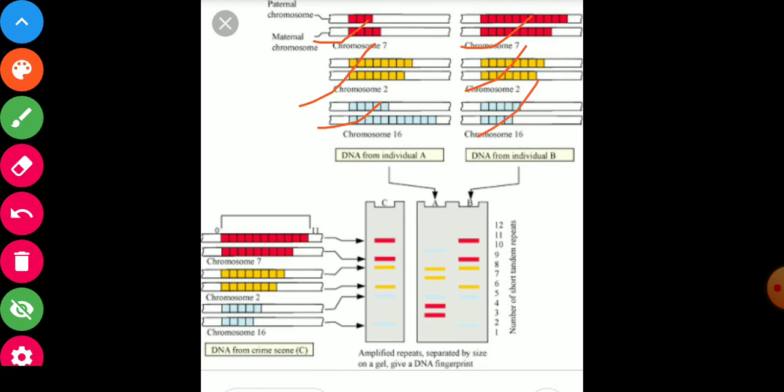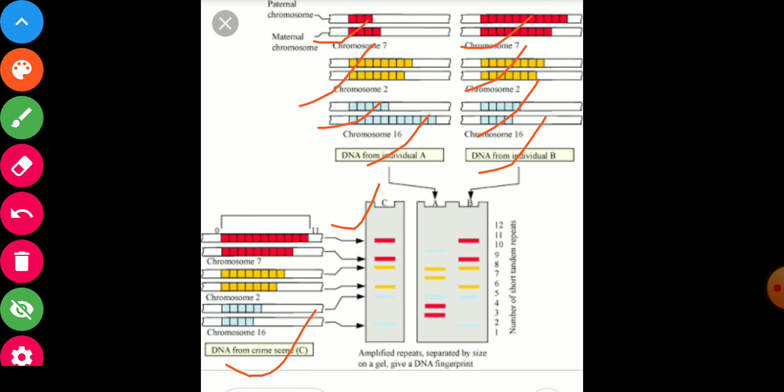The mapping and fingerprinting is done, and here is the DNA from the crime scene. Now you see DNA from individual A and individual B, the fingerprints are there, and the sample collected from the crime scene is C. So you can see which patterns are matching.